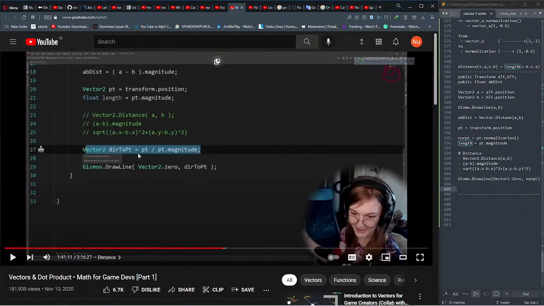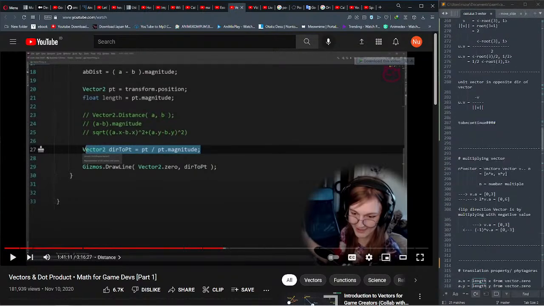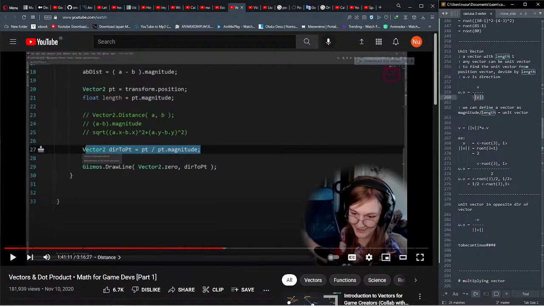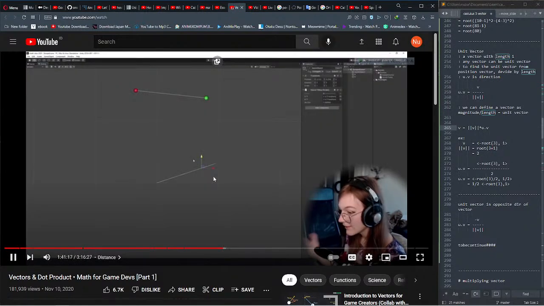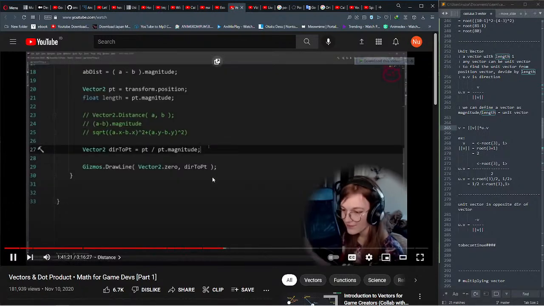This is how you normalize a vector. By dividing it by the length, the length becomes 1, right? So that's how you normalize a vector.